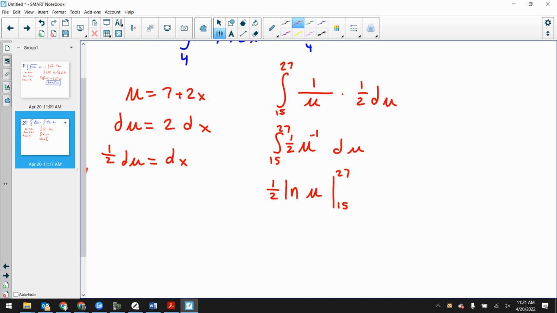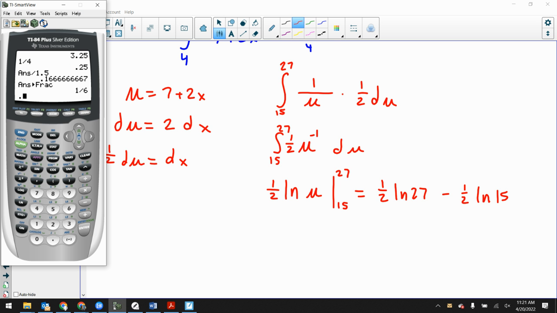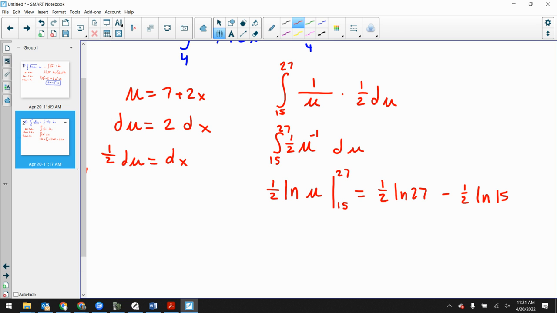So now I'm going to take 1/2 ln 27 minus 1/2 ln 15. 0.5 ln 27 minus 0.5 ln 15. Okay, 0.29. Well, we'll just say 0.29.